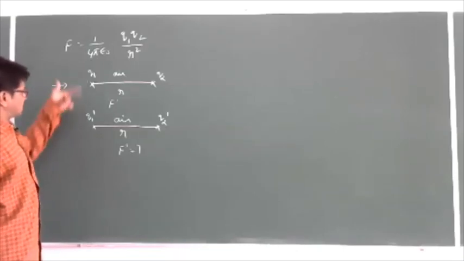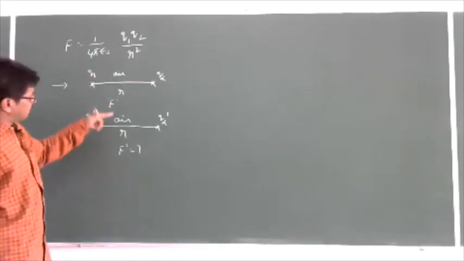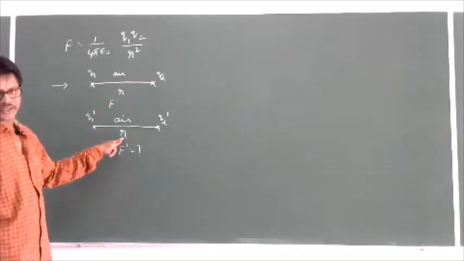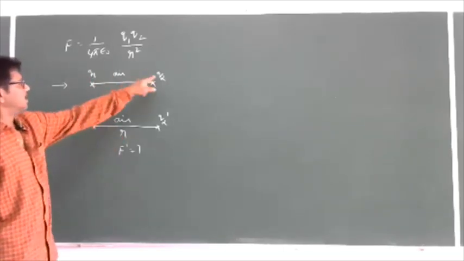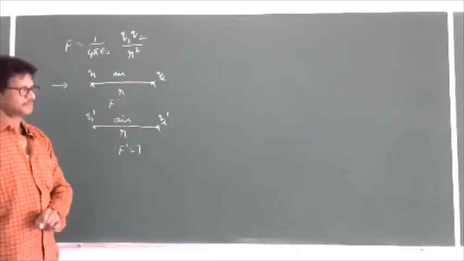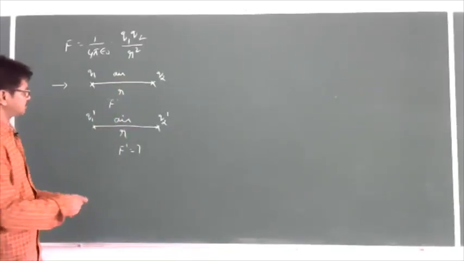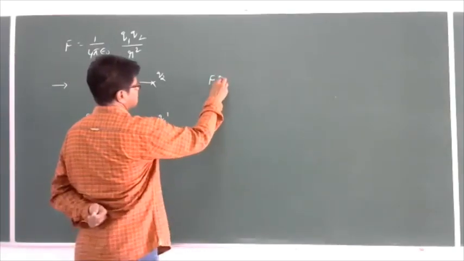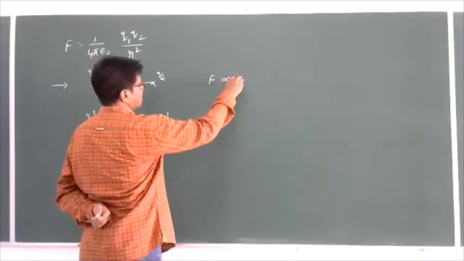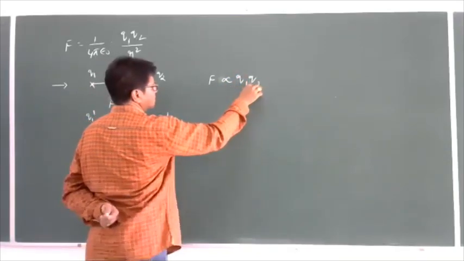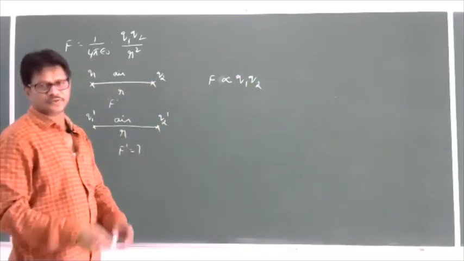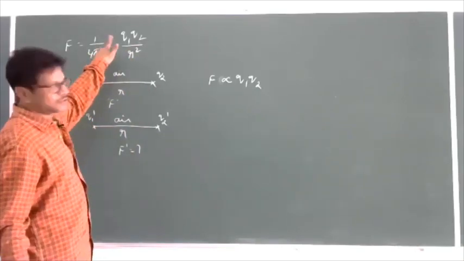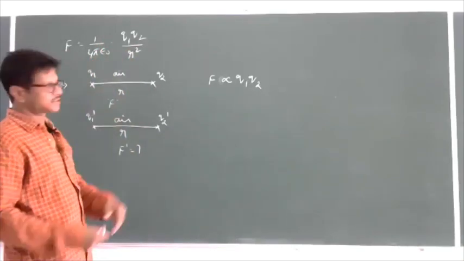So in this case, the medium is the same, the distance between those two is also the same, only the charges are variables here. In such a case, we know that F is directly proportional to Q1 and Q2 according to Coulomb's inverse square law. R is constant and the medium is also constant, the same medium in both cases.